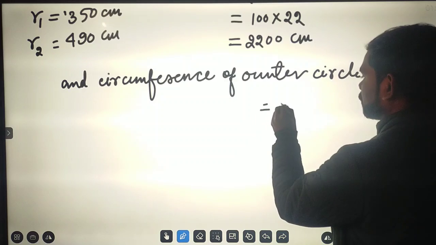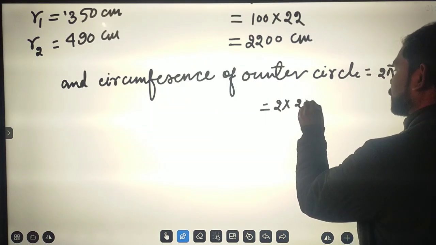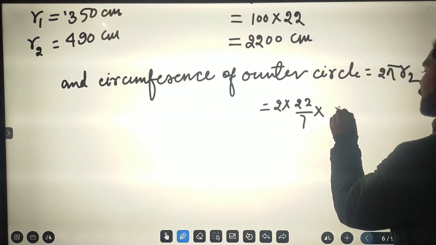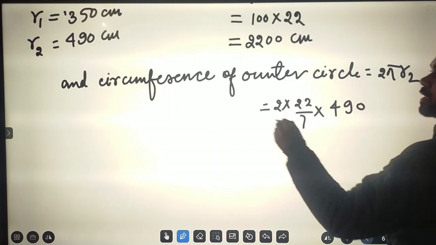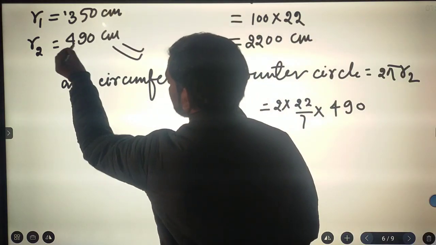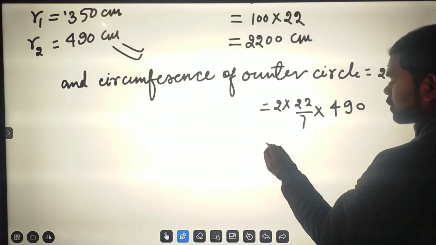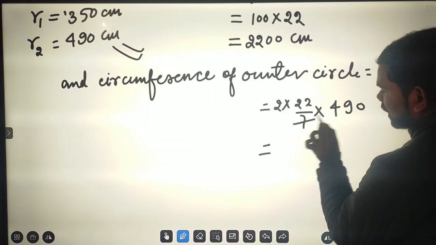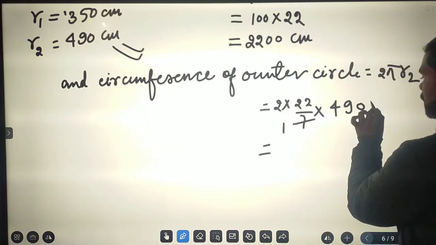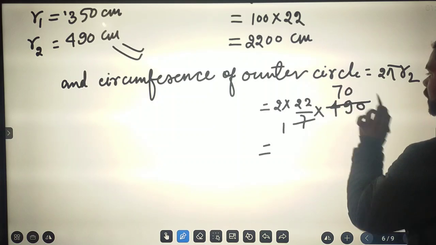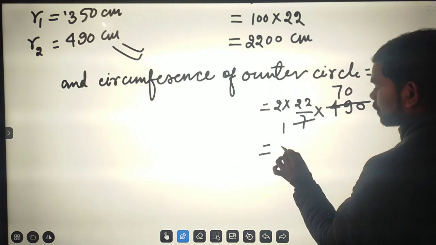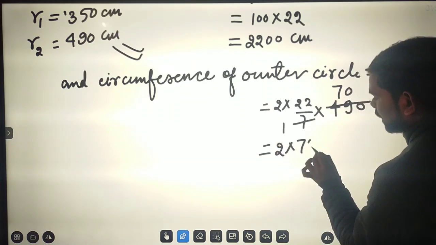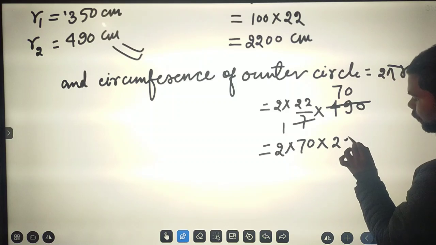Now put the value 2 into 22 upon 7 and into 490, because the radius of the outer circle is 490. So now solve. Divide 490 by 7: 7 sevens are 49, so we get 70. So we get 2 into 70 into 22.